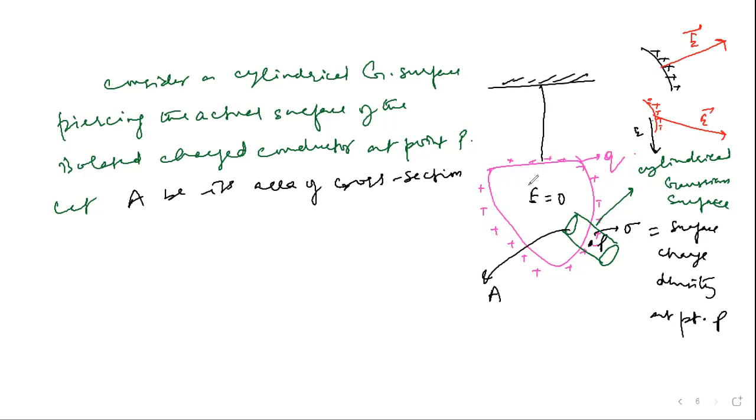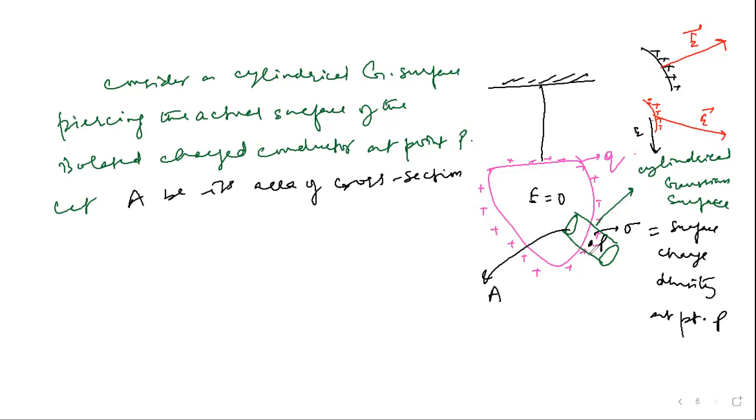We know there are no internal currents, so the electric field inside the body of the conductor is 0. To make that consistent, the outside electric field must be perpendicular to the surface.